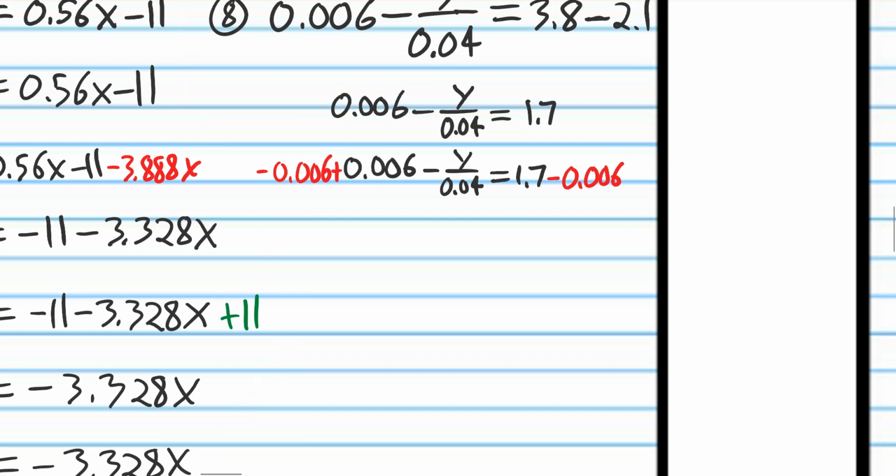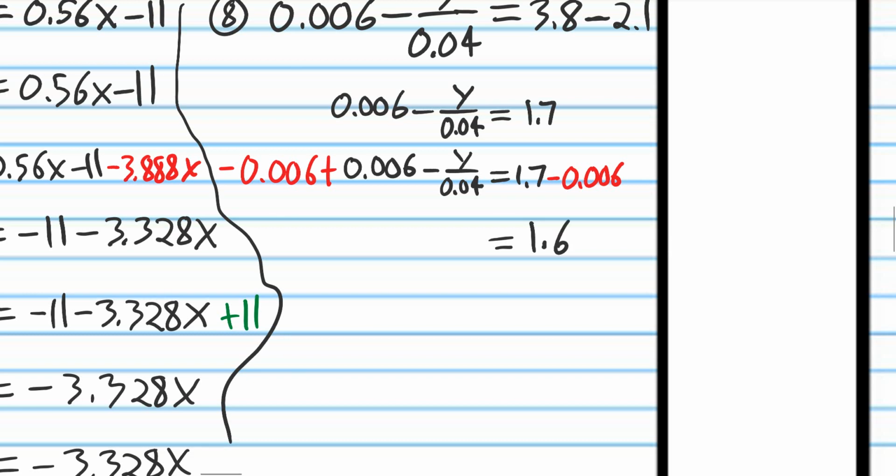I'm going to move that over a little bit so we have more room. So I'm going to get my calculator out. 1.7 minus 0.006 is 1.694.